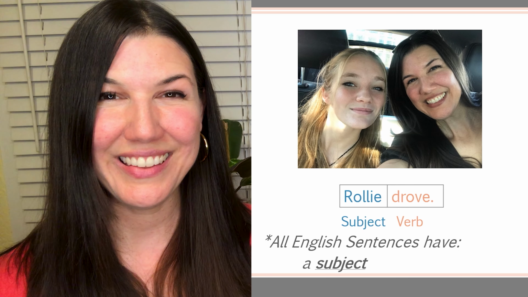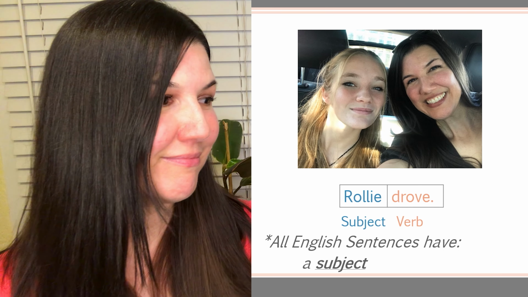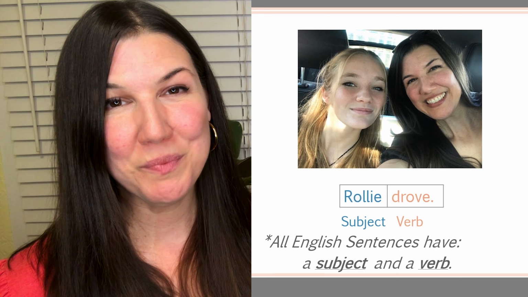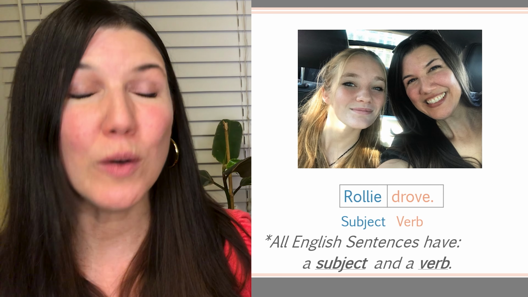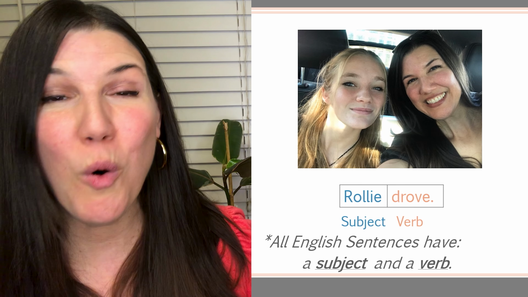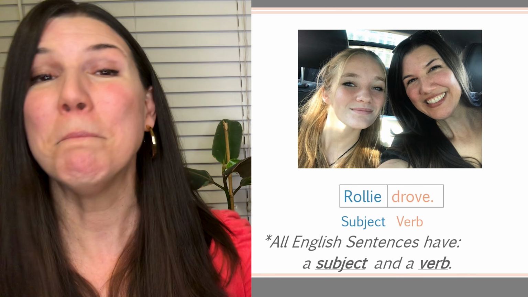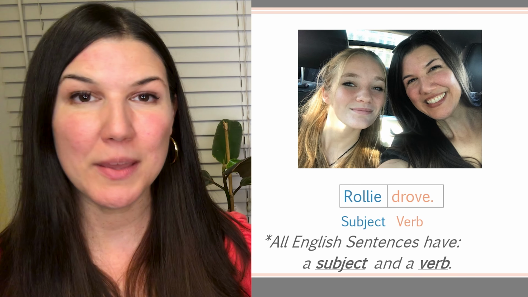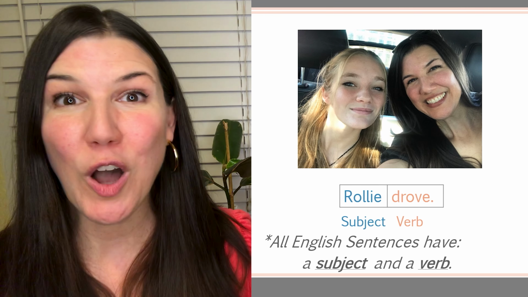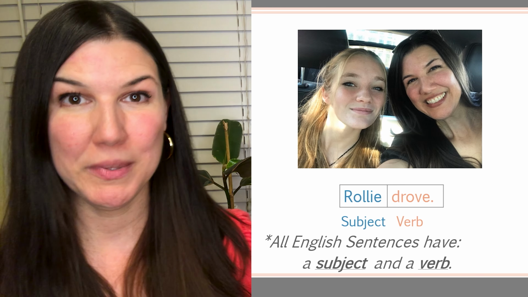So we need, in English, a subject, and we need a verb. All English sentences have a subject and a verb. Now, some English sentences need more than a subject and a verb, but all sentences need a subject and a verb. And in many cases, that's all you need to have your full, complete sentence.